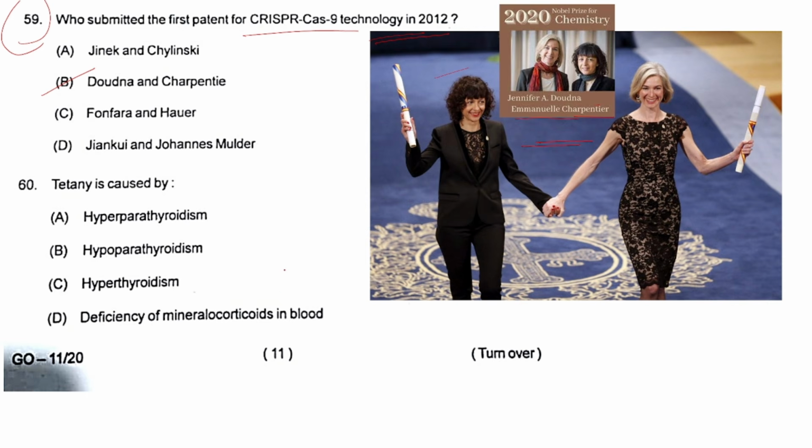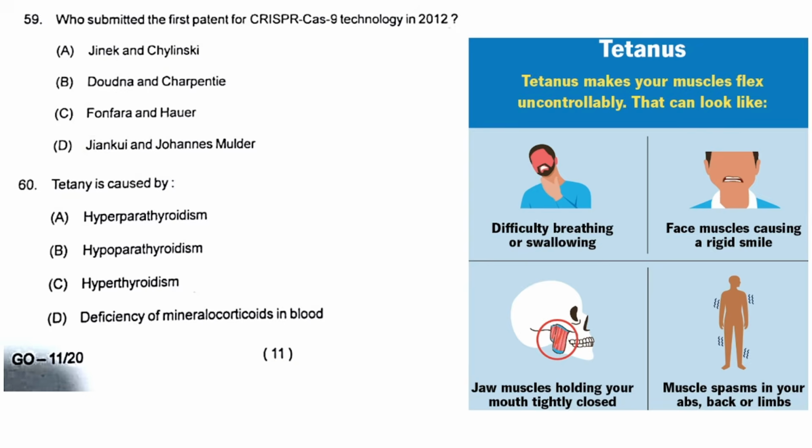Next, question number 60. Tetany is caused by: A, hyperparathyroidism; B, hypoparathyroidism; C, hyperthyroidism; D, deficiency of mineralocorticoid. For questions like this, you must remember the actions of the endocrine glands, which are there in your syllabus.